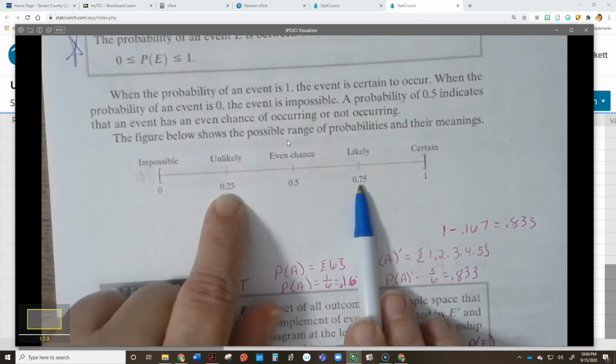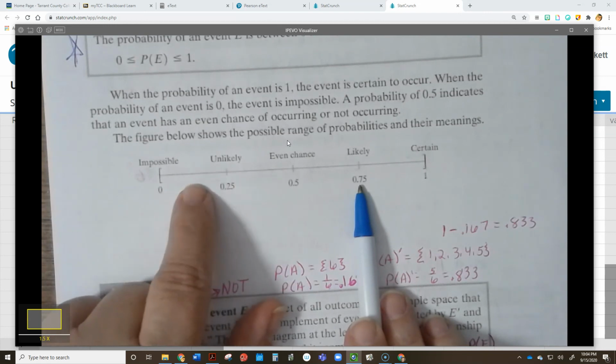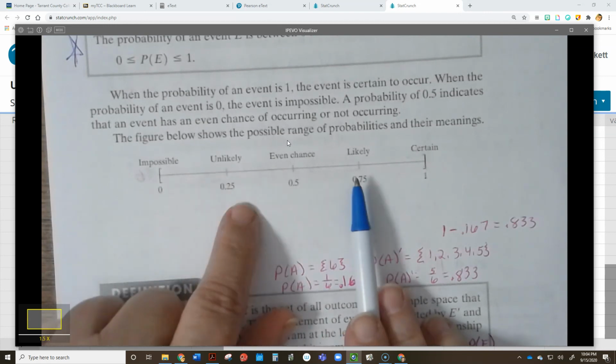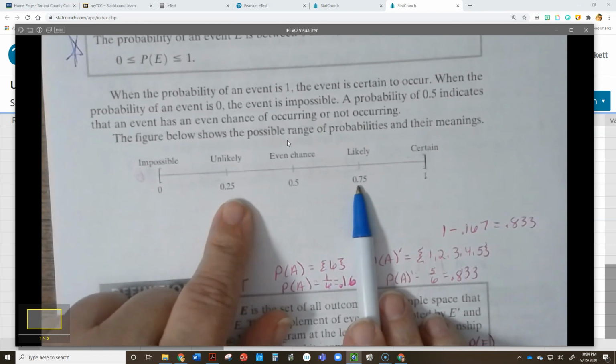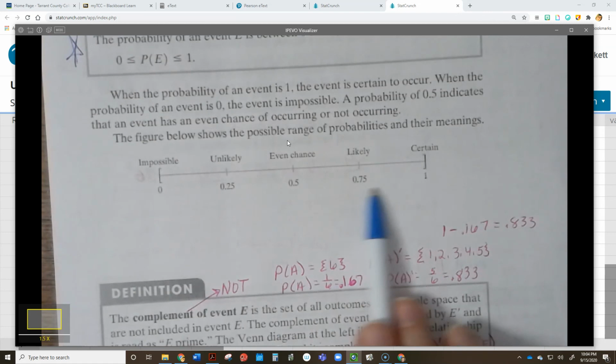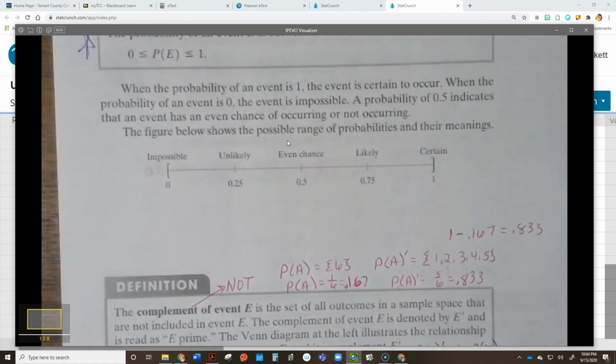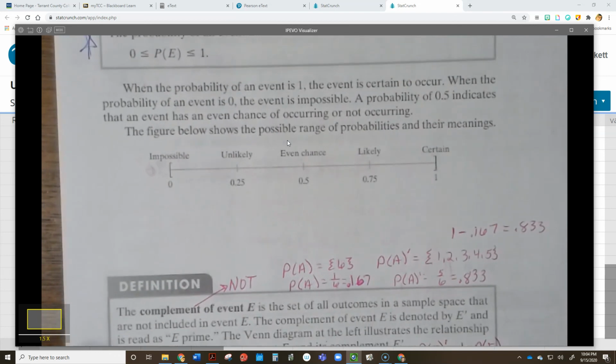If you got a probability of 0.1, then that's definitely unlikely. So they're going to ask you to describe it. Is it likely? Is it unlikely? So you do need to be familiar with this scale right here. I am not going to cover this one right now. I will stop the video and do it in one more video from this section.